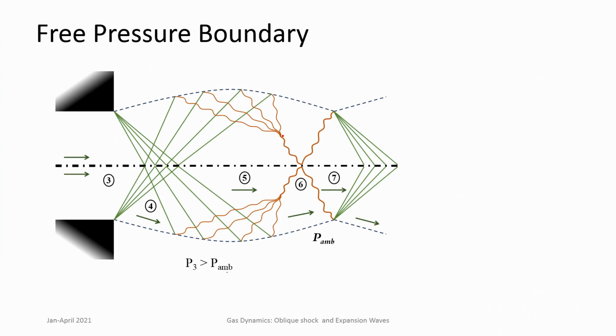And it is possible to have different kinds of waveforms at reflection. One kind is a regular reflection, which has an incident shock and a reflected shock. The other kind, a typical example, is a Mach reflection, which has an incident shock, a Mach stem, and a reflected shock. So, that is a Mach reflection.